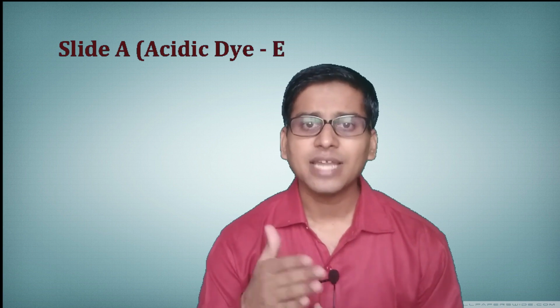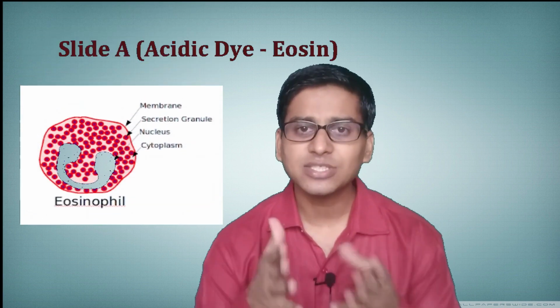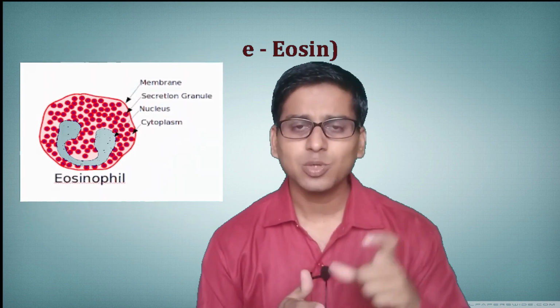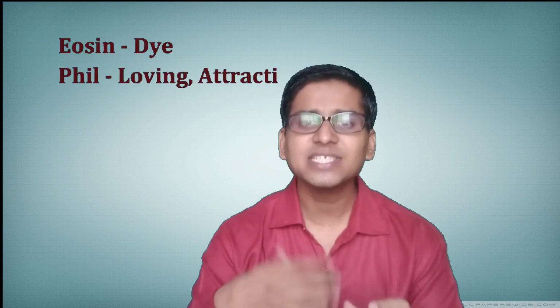After a particular time, if we observe those slides under the microscope, we will get different results. In slide A, treated with the acidic eosin dye, the granulocytes become red in color. So this WBC is called eosinophil. Eosin is the name of the dye, and phil means lover, loving, which means having attraction. These eosinophils have attraction towards the red color, so they are called eosinophils.